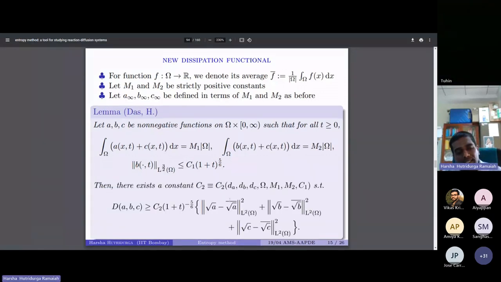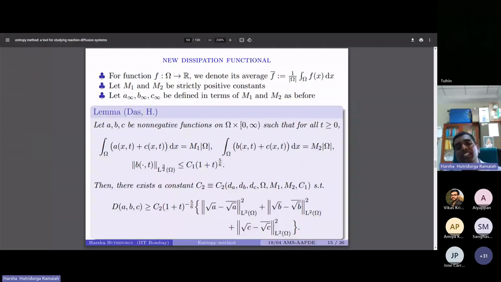Then we say this. This dissipation, which we had defined earlier in terms of A, B, C, can be bounded from below by, please observe that this 5 by 6 which is appearing in the numerator has changed sign here. So you get some lower bound. Unlike the Desvillettes and Fellner case, we are not showing that D of ABC is directly related to the relative entropy in this lemma.